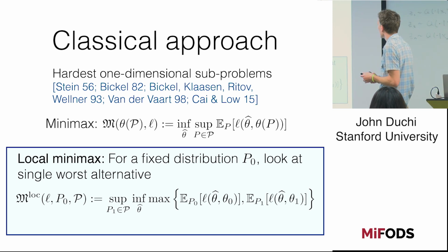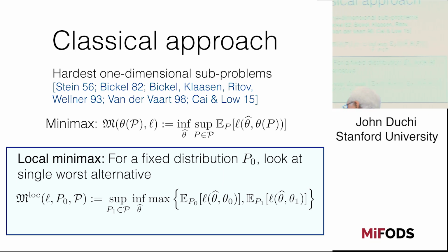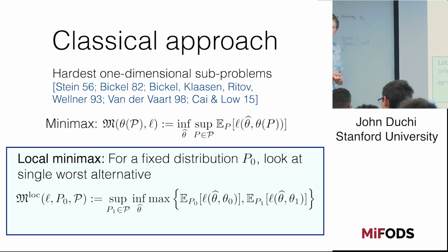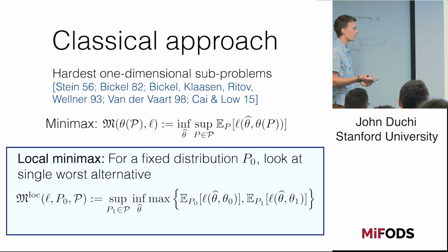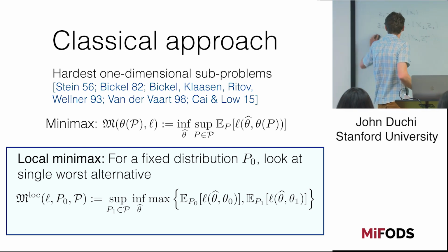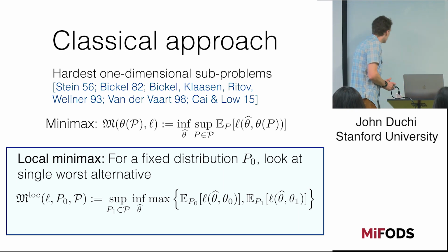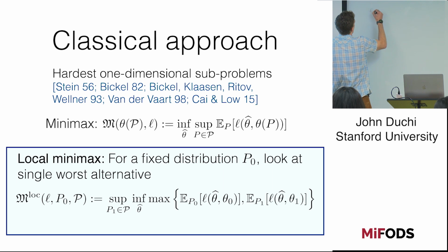Let me give a really simple example, because maybe this will make it clearer. I'm going to go through this example again later, but we can talk about it a bit now. Let's say I want to estimate the parameter of a Bernoulli distribution.